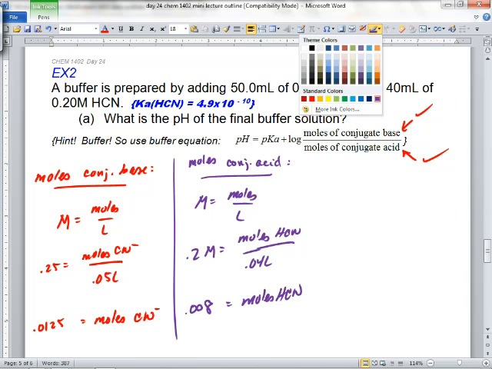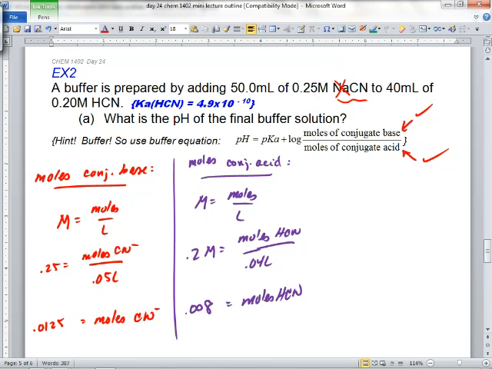So, substitute some stuff in here. I should end up with pH. Now the pKa we just said was negative log, and I told you what the Ka was. So let's write negative log of 4.9 times 10 to the negative 10. Just write everything out, don't skip anything.